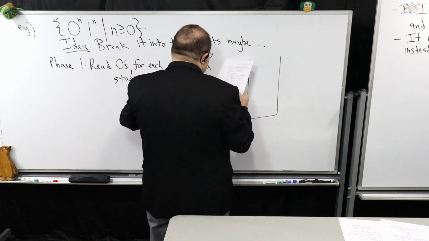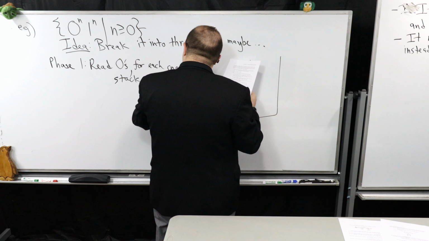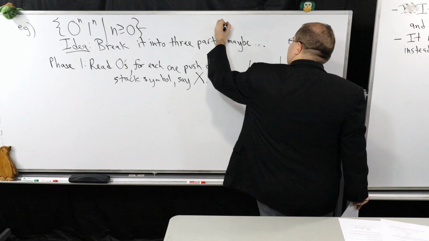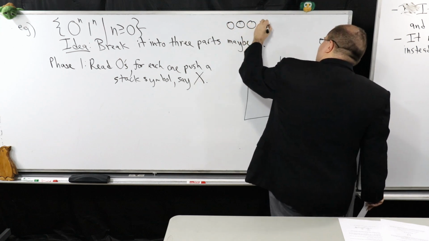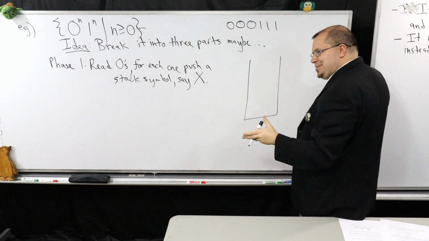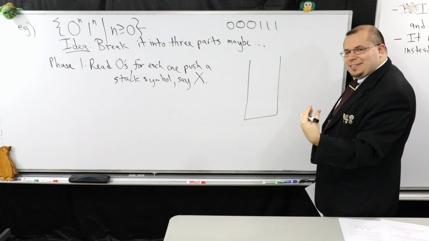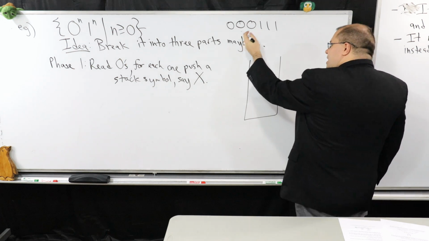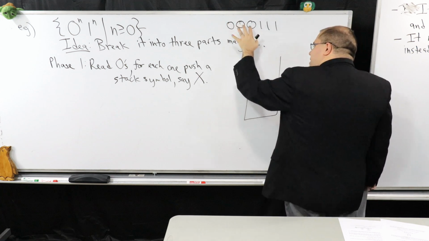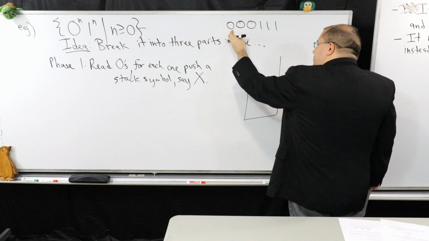Just push a stack symbol and say I'll call it X. So for example, if I had a string, say 0, 0, 0, 1, 1, 1, the idea is that each time I read a 0, I consume it, so I'm done with it.